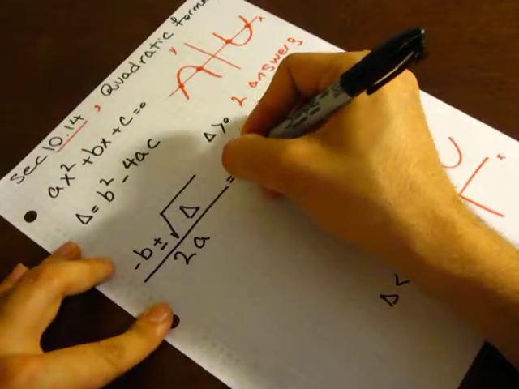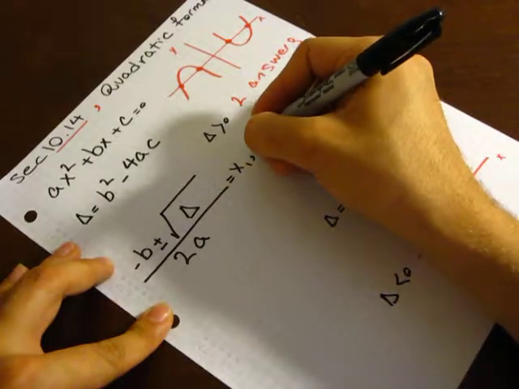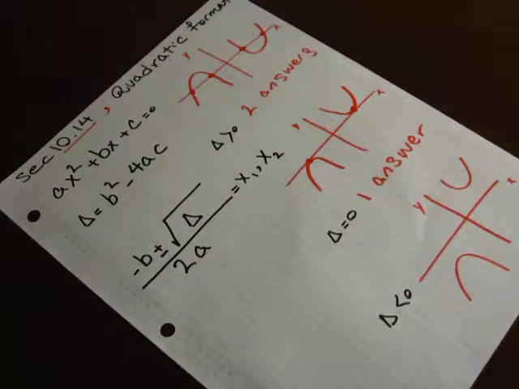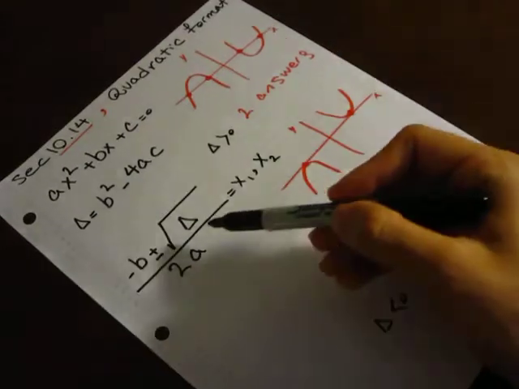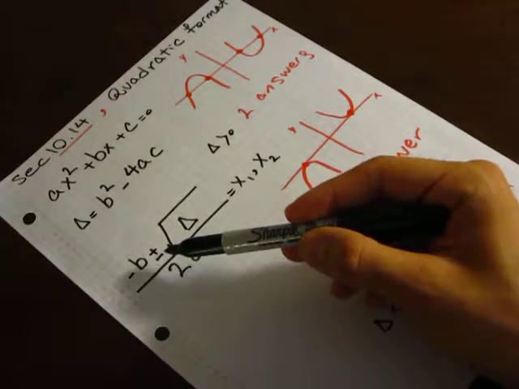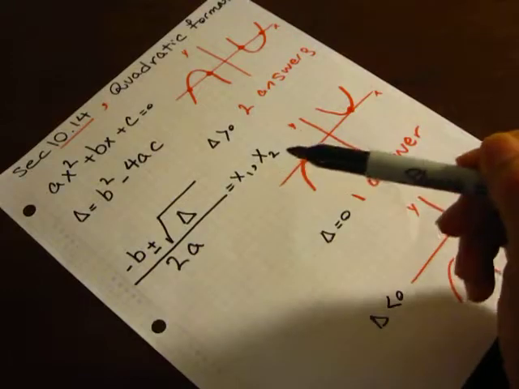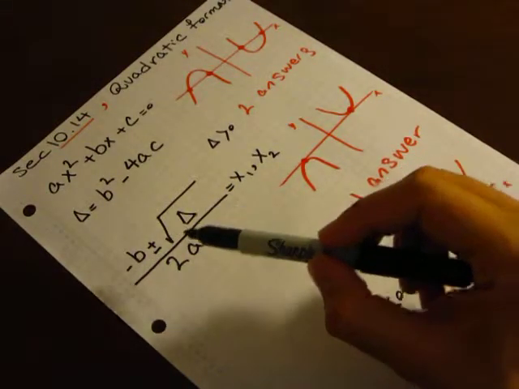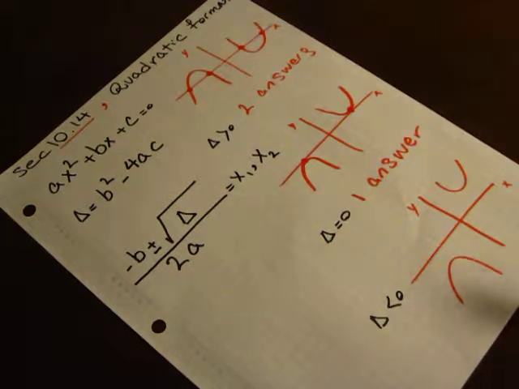This is going to give me x1, x2. As you see, there is a plus and minus right here. That's why it's going to give me two different answers, one with plus rad delta and the second one minus rad delta. So this is how you can find the number of roots and the actual roots of quadratic equations.